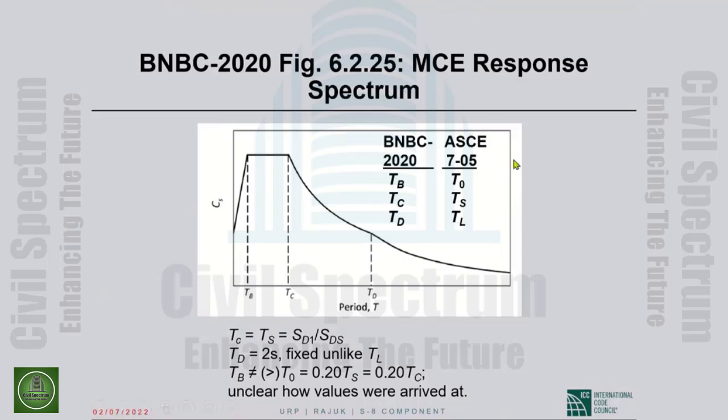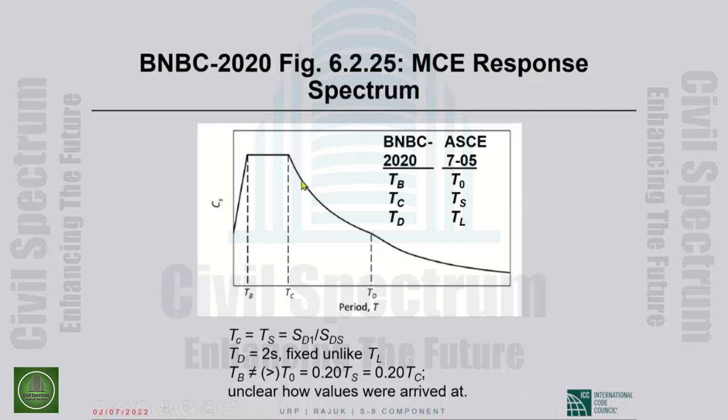I have shown you all of this also, that T sub B corresponds to T sub 0 of AC7, T sub C corresponds to T sub S, T sub D corresponds to T sub L. Now the T sub C is exactly equal to the T sub S of AC705, and both are equal to S sub D1 divided by S sub DS, because at this point the S sub DS has to be equal to S sub D1 by T. The equation for the flat top is S sub DS.